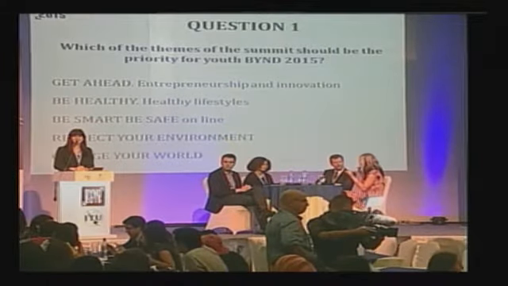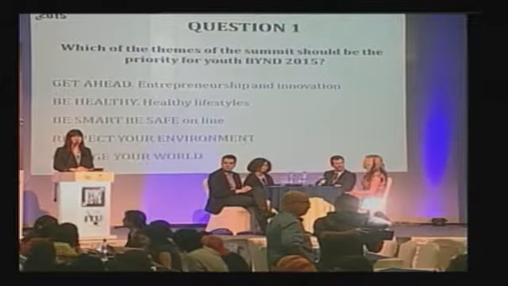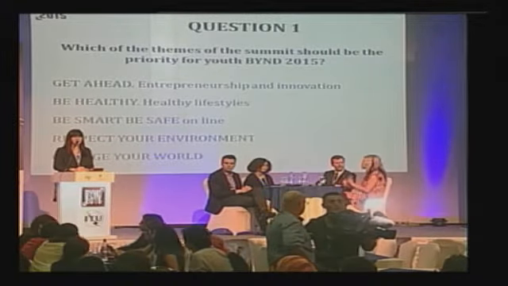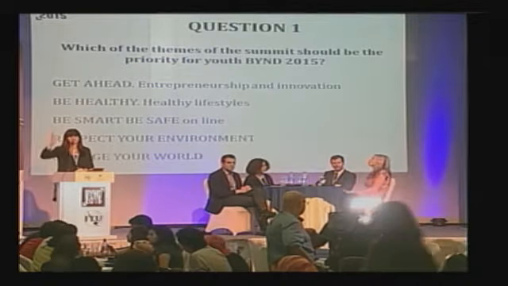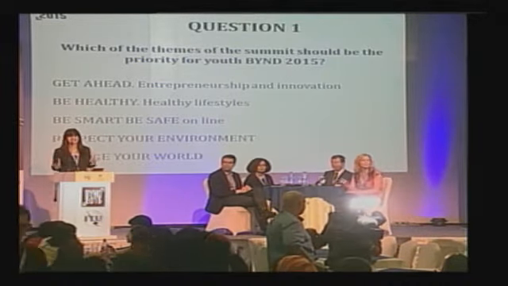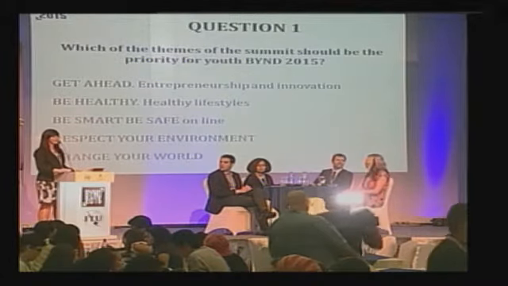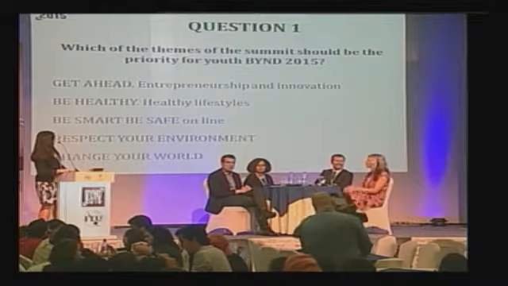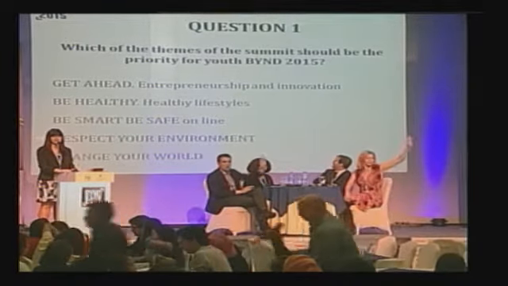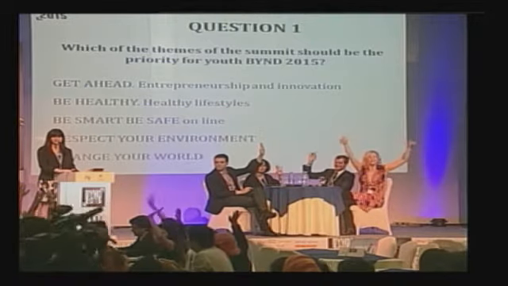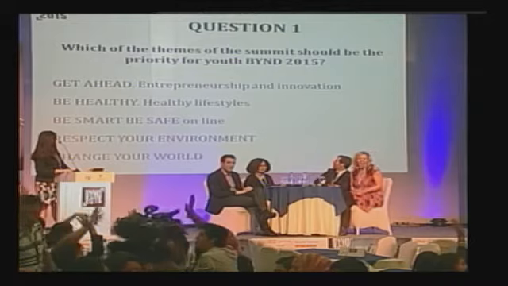Okay, so now I would like to have a show of hands on which ones you voted for as a whole. So just raise your hands if you voted for that as a table, all the members of your table. So if you voted for the Get Ahead, entrepreneurship, and innovation as a priority, okay, raise your hand.